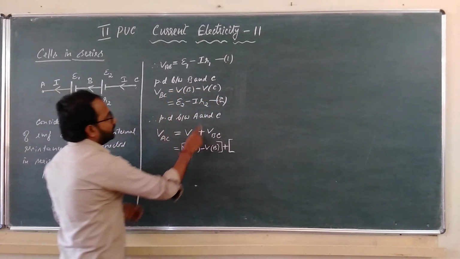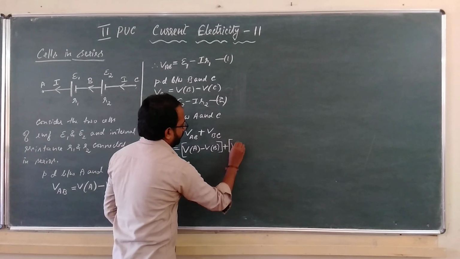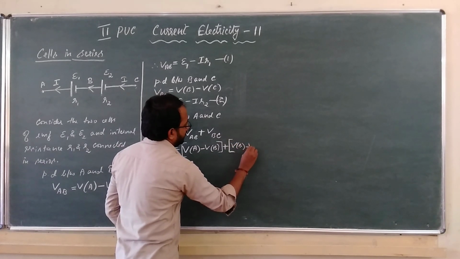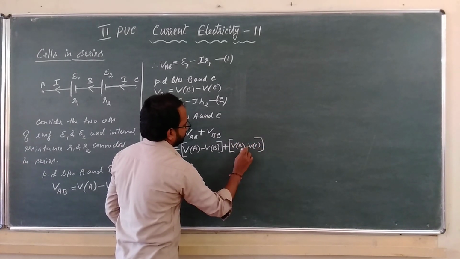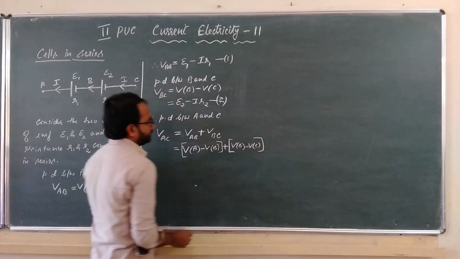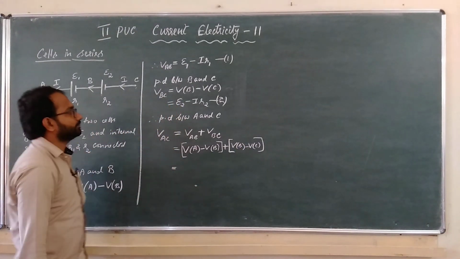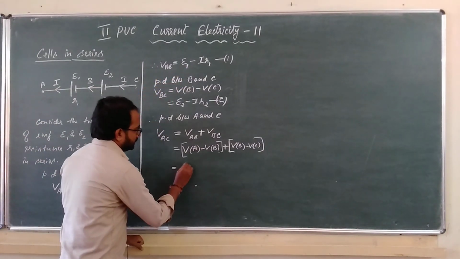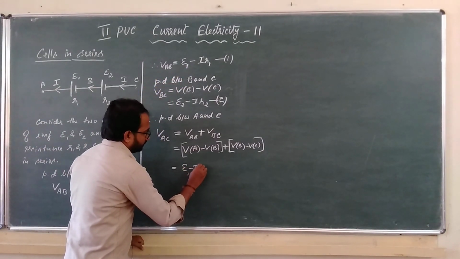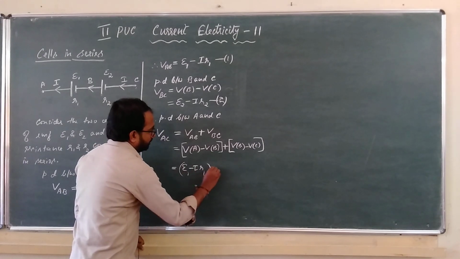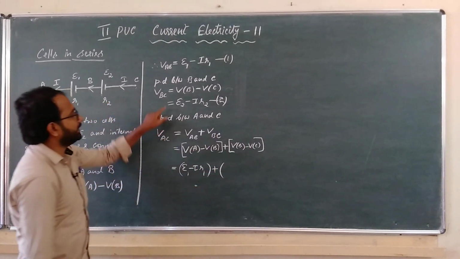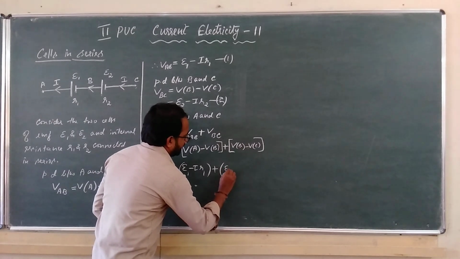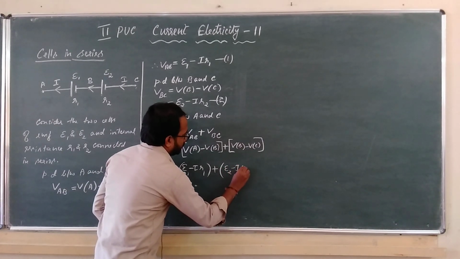So that VBC is equal to VB minus VC. So this is equal to VA minus VB is E1 minus IR1 plus VB minus VC is E2 minus IR2.